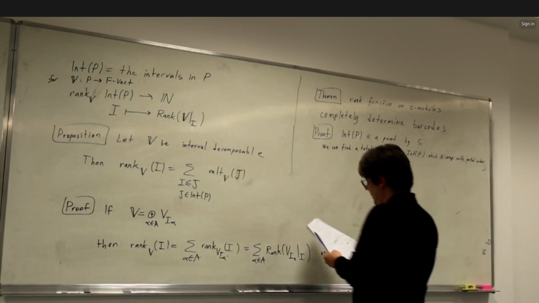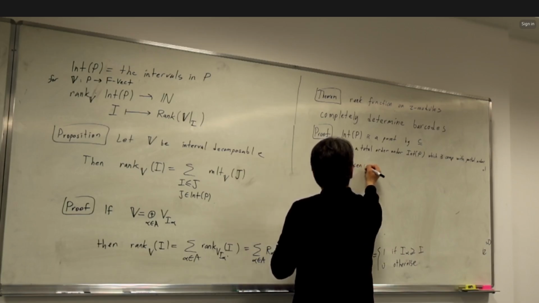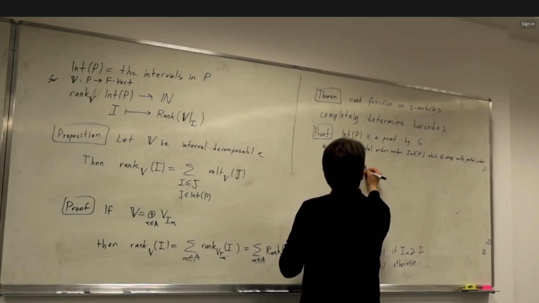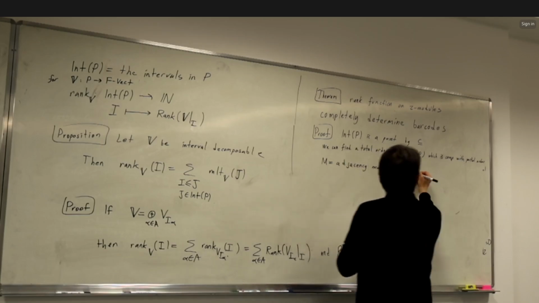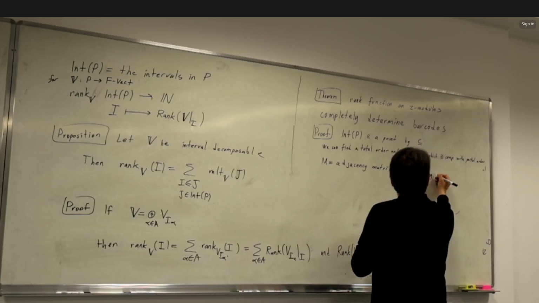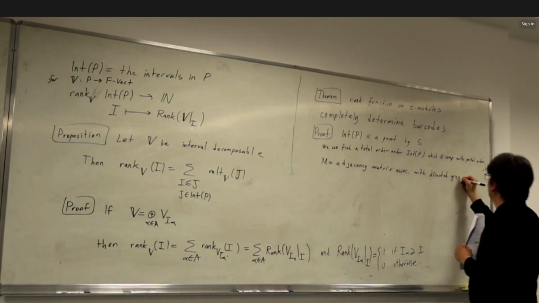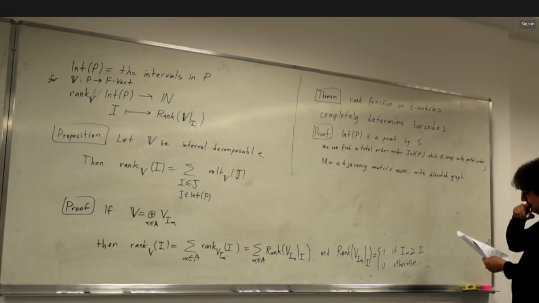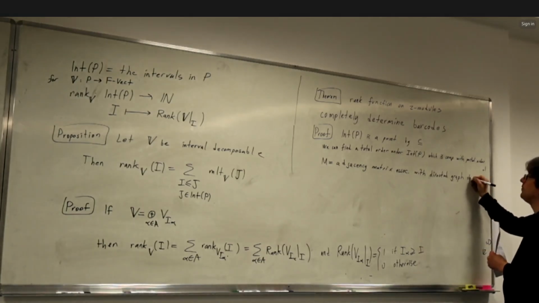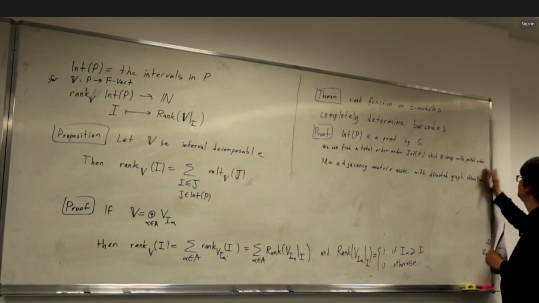And we can form M, the adjacency matrix, associated with the directed graph. So this time I'm looking at the directed graph, not the undirected graph, obtained from the intervals in P.